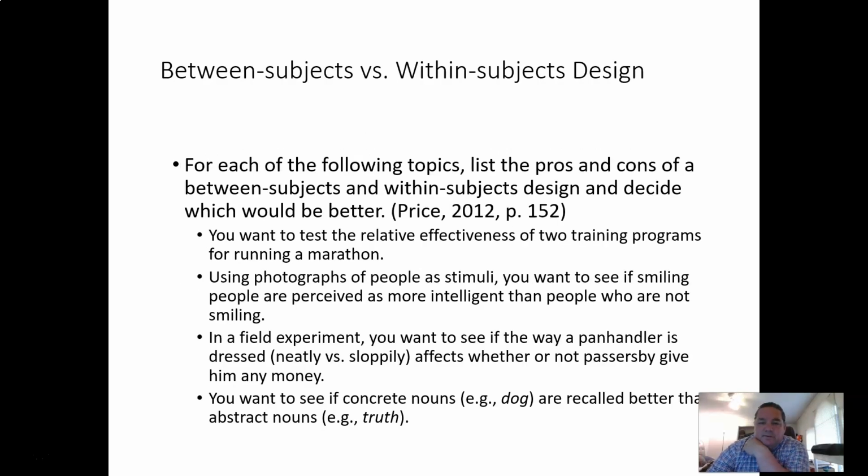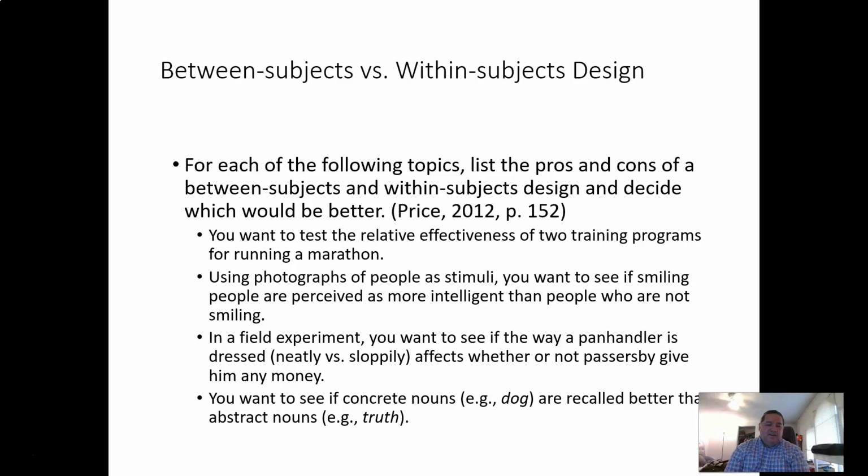Between subjects versus within subjects. For each of the following topics, list the pros and cons of between subjects and within subjects and decide which would be better. You want to test the relative effectiveness of two training programs for running a marathon. This would most likely be a between subjects design because it takes a long time to train for a marathon.